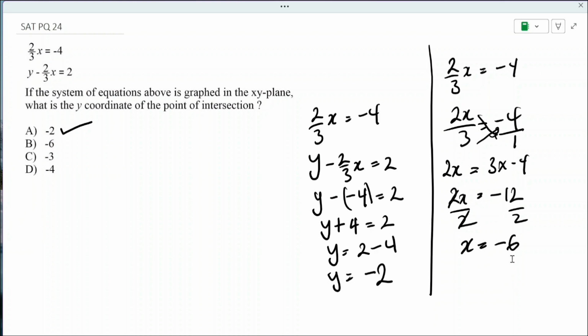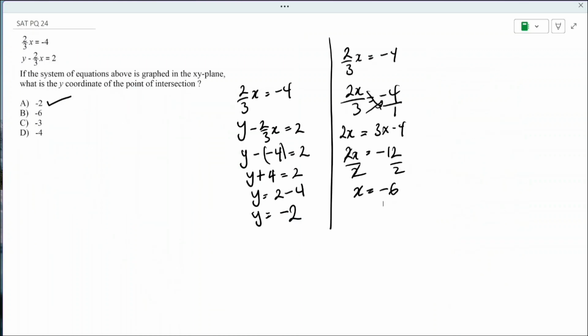Once you have x as negative 6, you can then substitute it into the second equation and get the value for y. You've been asked to find the y coordinate. So on this side, we have the second equation, which is y minus 2 over 3x equals 2. And x is negative 6.